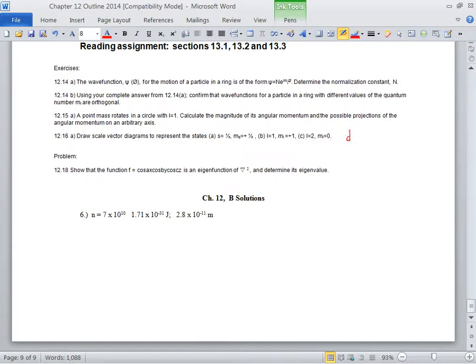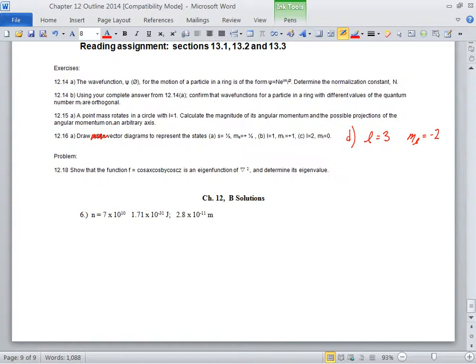Part D. So draw a vector diagram to represent the state. Let's say L equals 3, M sub L equals -2. So not scale, just draw a vector diagram.